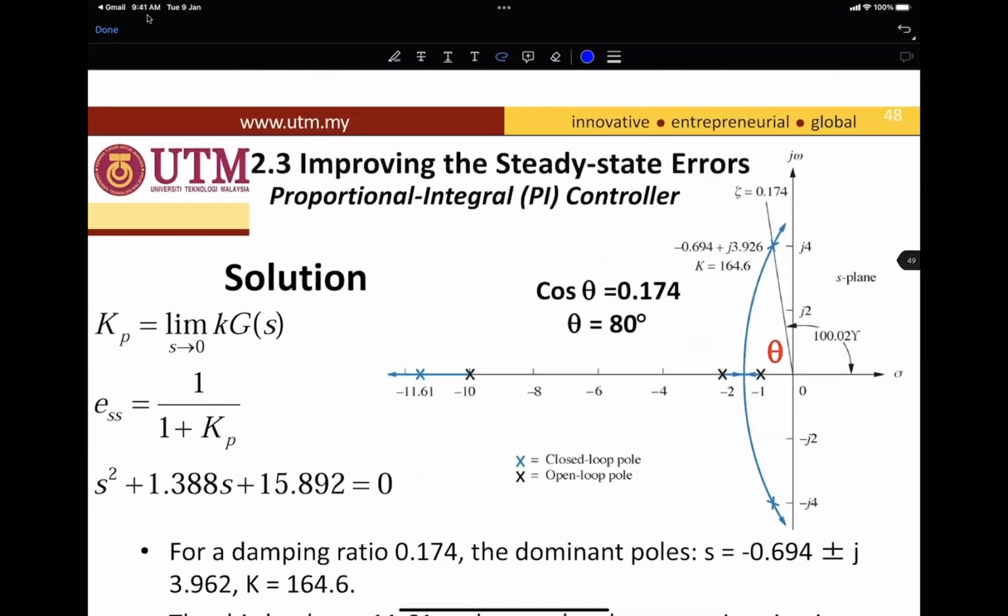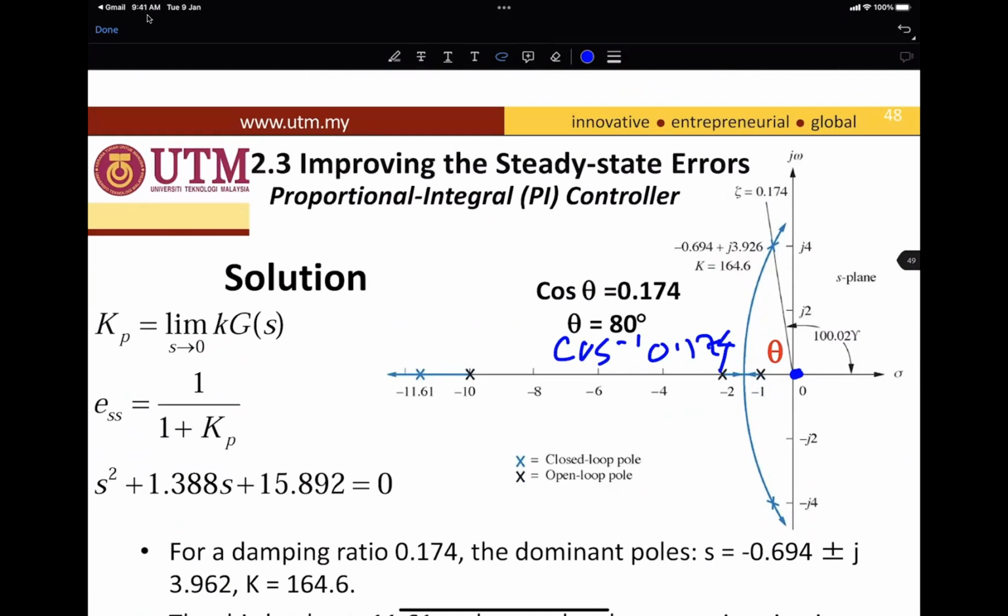So first we have to find the operating point. The operating point is theta, which is inverse cos 0.174. So I use the protractor, located at the origin, and use a straight line to draw the zeta 0.174.